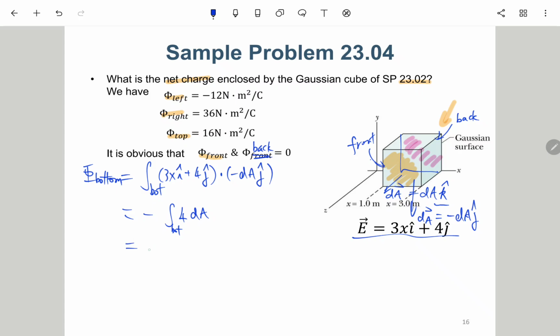So this is negative 4 times 4, which is negative 16 newton meter squared over coulomb. This is for phi bottom.